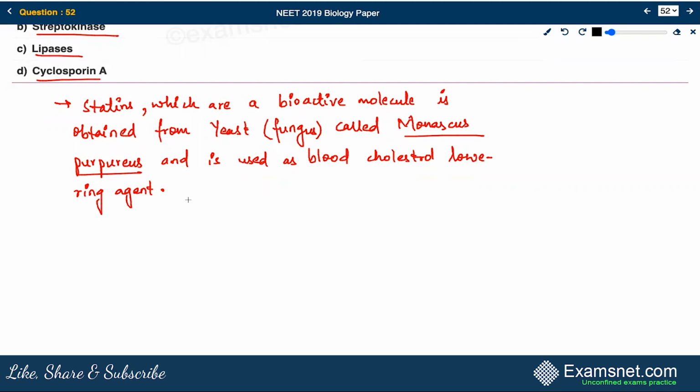So you can say, what is the mode of action?